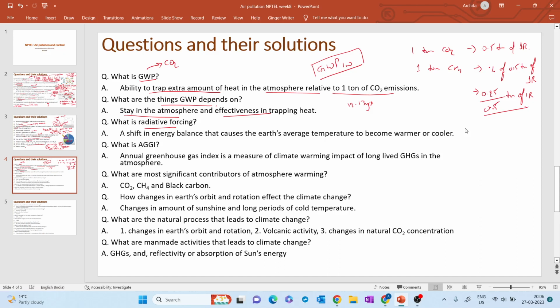So in the atmosphere we have CO2, we have methane, we have ozone, we have different aerosols. You have aerosol like sulfate, which is a scattering aerosol, and there is aerosol like black carbon or brown carbon, which are absorbing.